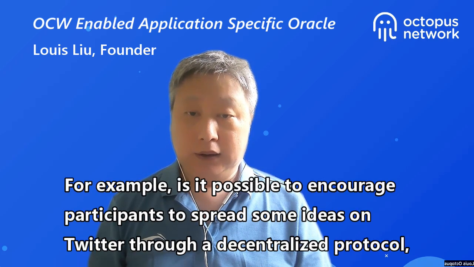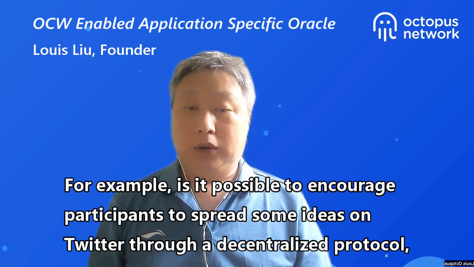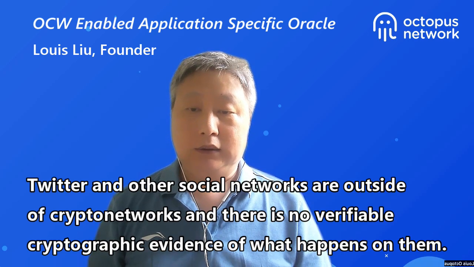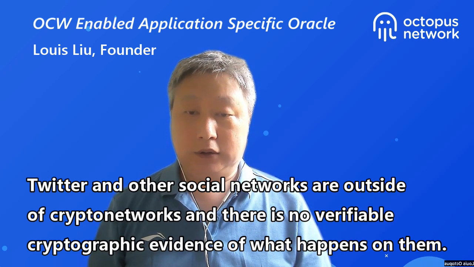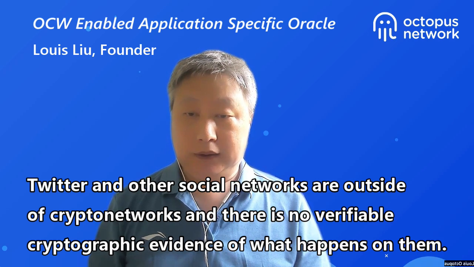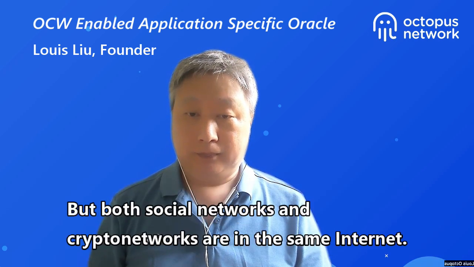For example, is it possible to encourage participants to spread some idea on Twitter through a decentralized protocol and give token rewards based on the contribution of spreading? Twitter and other social networks are outside of crypto networks, and there is no verifiable crypto evidence of what happened on them.